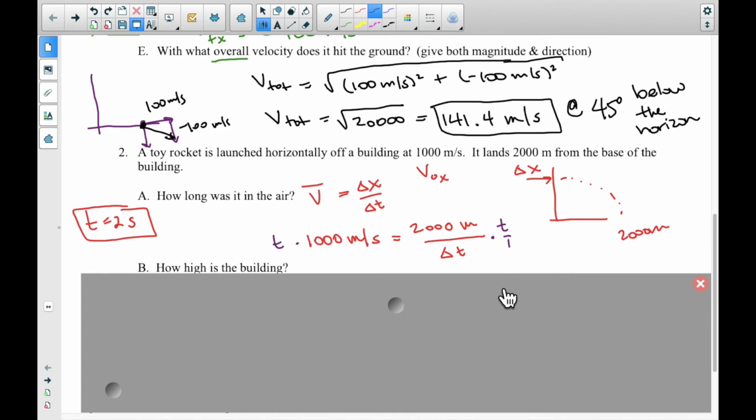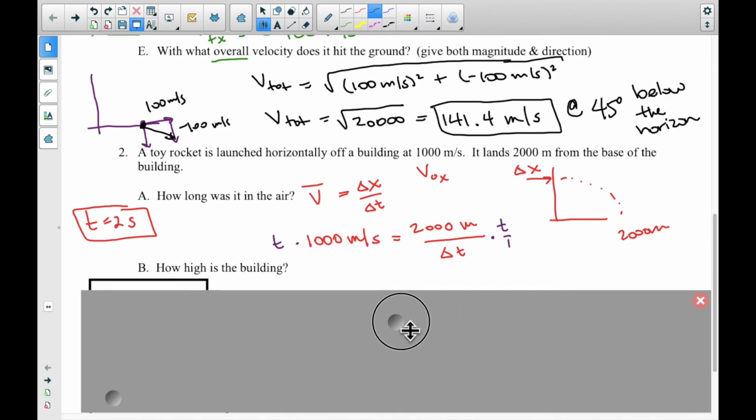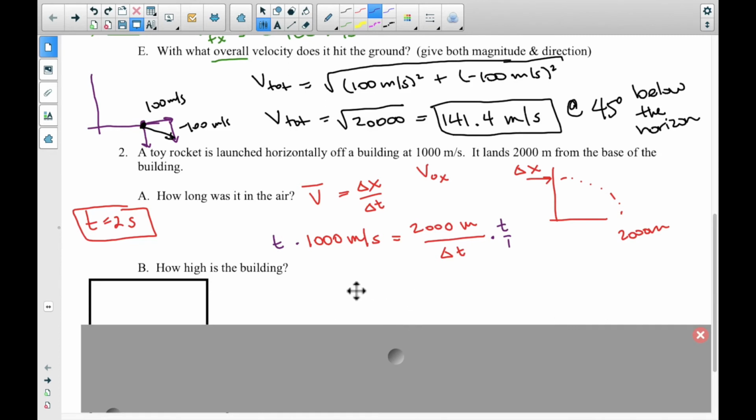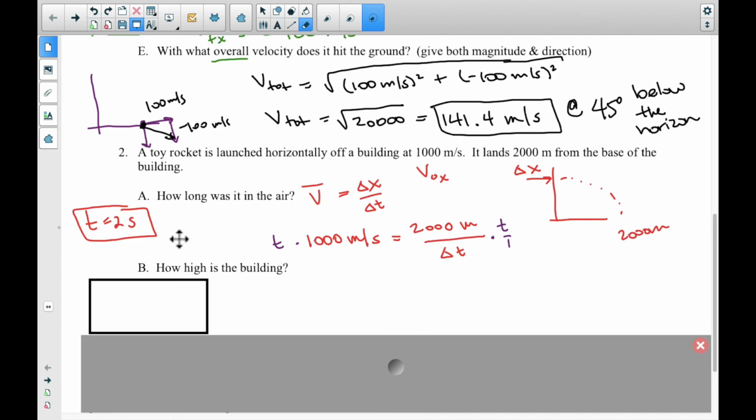When you do that, you're going to get 1,000 t on the left and 2,000 on the right. And now we divide by 1,000. And so that does give us t equals 2. So that's how you do it algebraically, but if you're just able to do it mentally, that's fine too. So it is in the air for 2 seconds. We're going to need that bit of information.